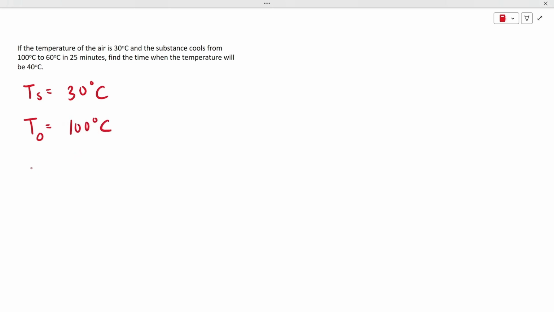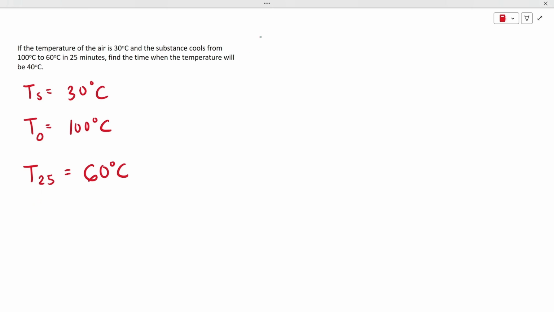Then after 25 minutes, the temperature of this substance reduces to 60 degrees Celsius. Now we need to find the time when the temperature will be 40 degrees Celsius.